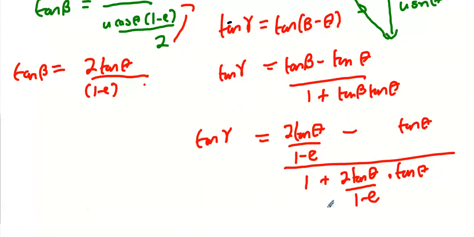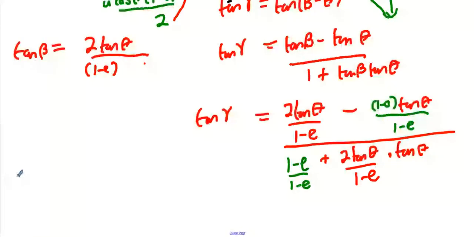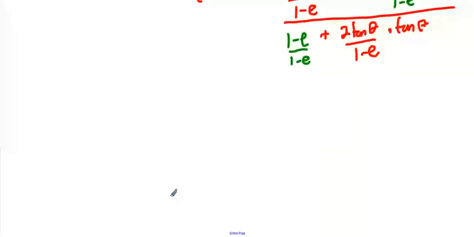All right. So what am I going to do with this? Well, I'm going to give them all a common denominator. This is 1 minus e here. Well, you bet I'm going to put another 1 minus e up here. And I'm going to turn this 1 into 1 minus e over 1 minus e. Now, look at the absolute craziness of this fraction.